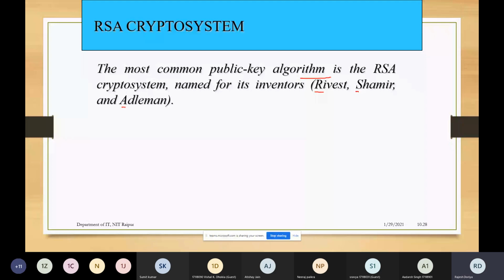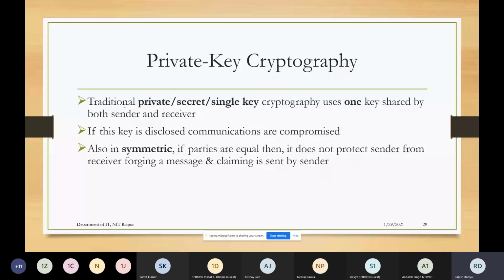So let us see first what exactly is there in private key cryptography and how it is different from public key cryptography. Initially, we have seen that in private key cryptography, only one key is shared between the sender and receiver, right? And if this particular key is disclosed or compromised, then the overall communication has been compromised.